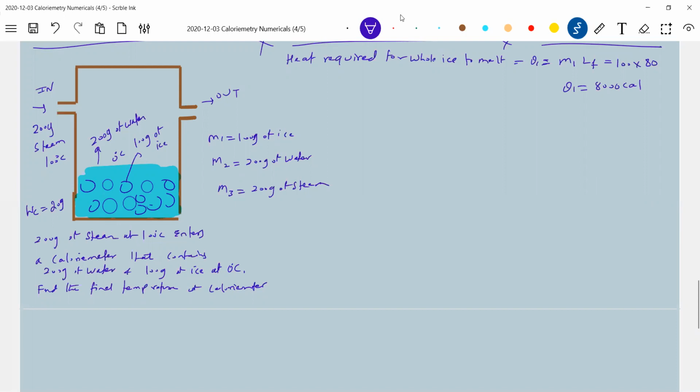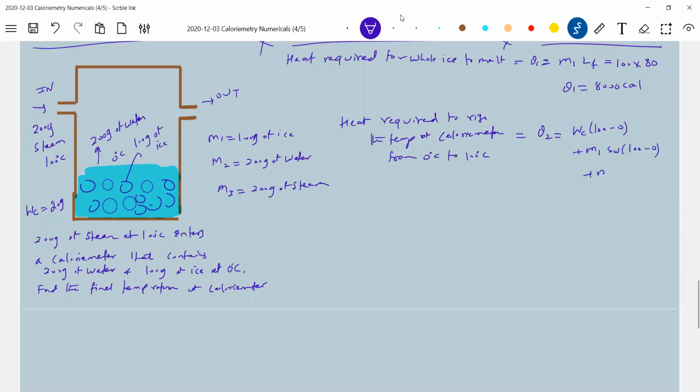So now, heat required to raise the temperature of the calorimeter from 0 to 100 degrees Celsius. Let's see that. It should be the water equivalent of the calorimeter, then M1 gram of newly formed water, then M2, 200 gram of water which is already available.